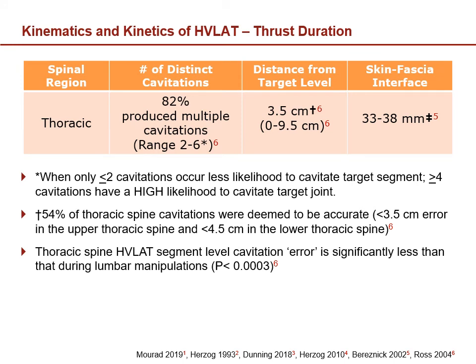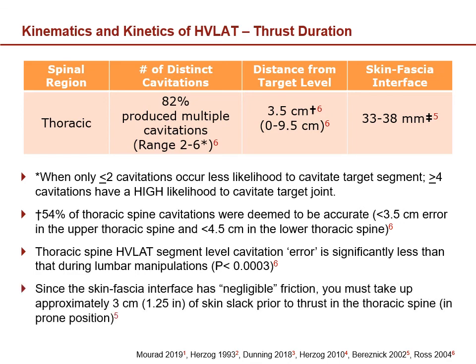Thoracic spine HVLAT segment level cavitation error is significantly less than during lumbar manipulations. And the skin fascial interface has negligible friction. You must take up approximately 3 centimeters of skin fascial slack prior to the thrust of the thoracic spine, specifically within the prone position, as I mentioned.